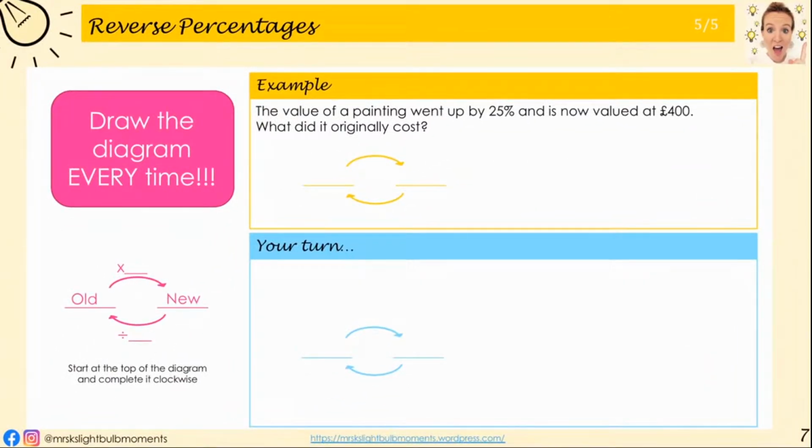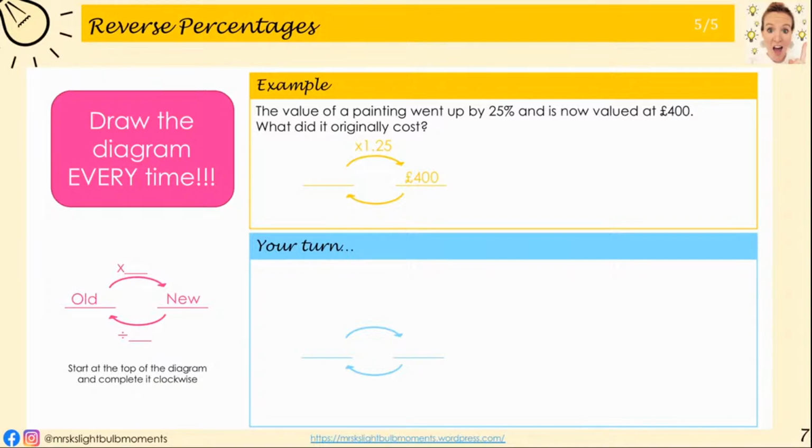A value of a painting went up by 25% and is now valued at £400. So if it went up by 25%, the multiplier is 1.25. So that's what we start with, right at the top is our multiplier. It's gone up by 25%, so that means it was multiplied by 1.25. It is now valued at £400, so we can add in the £400 at the 3 o'clock mark.